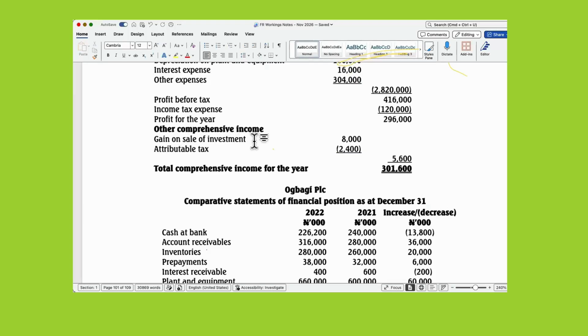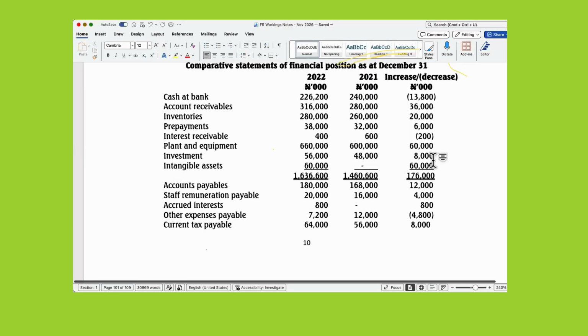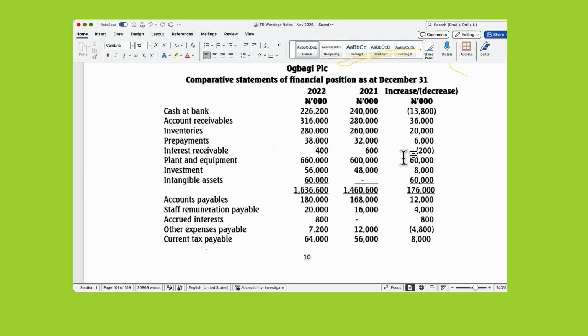I'm sure they don't mean gain on sale of investment, because gain on sale of investment should not be in OCI. It is a fair valuation. So this 8,000 you are seeing here is actually not an additional investment, but rather a fair value surplus. Yes. That's a non-cash item.